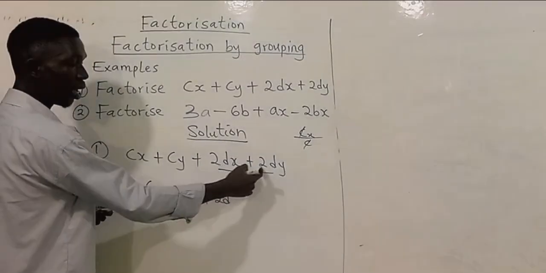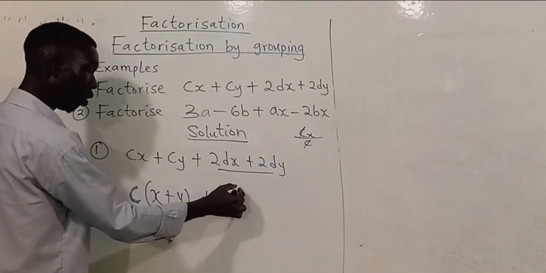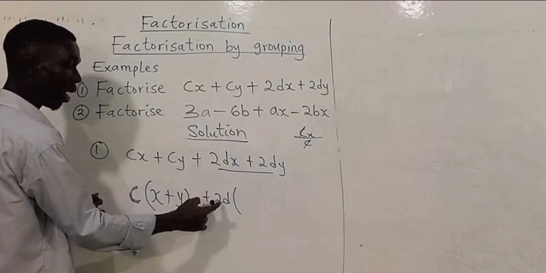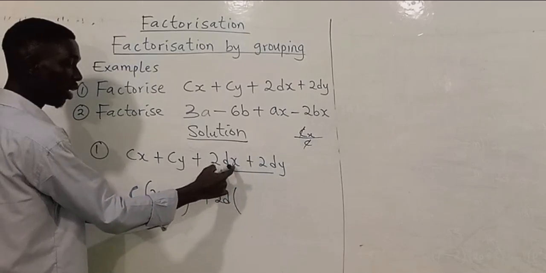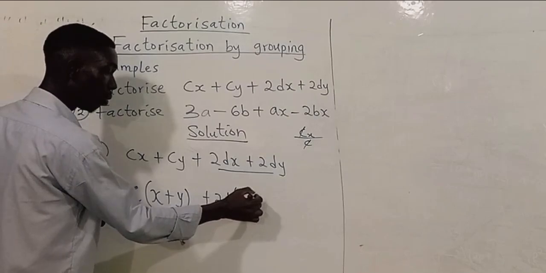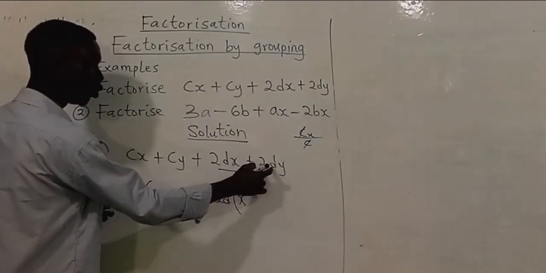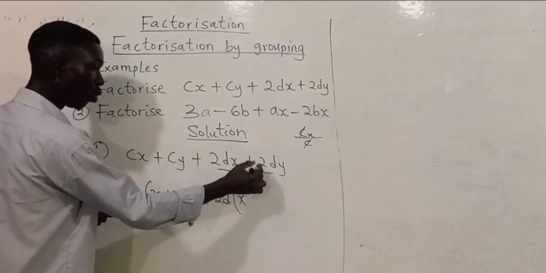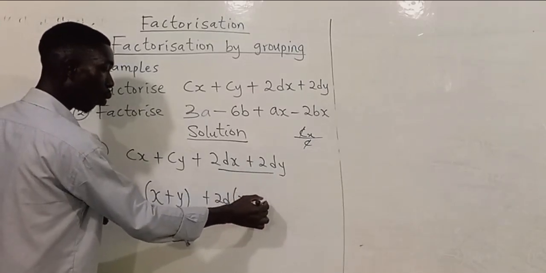You can see 2d here and 2d here. When we divide 2dx by 2d, we are left with x, and when we divide 2dy by 2d, we are left with plus y.